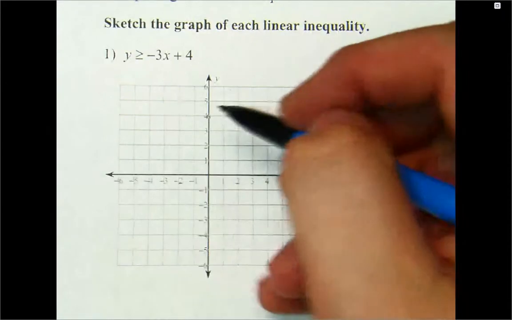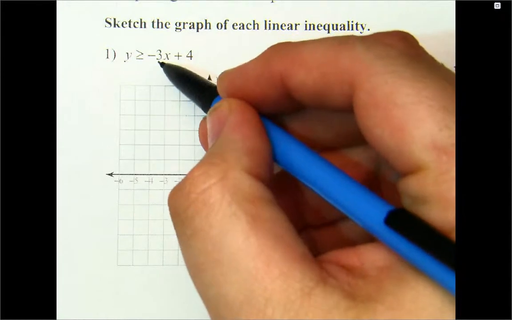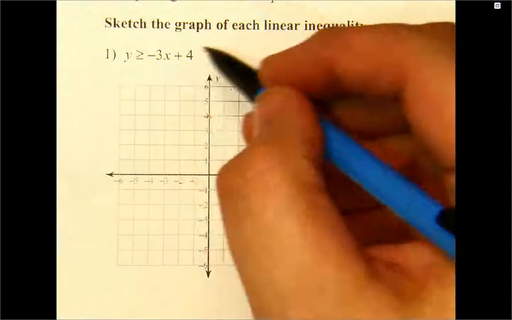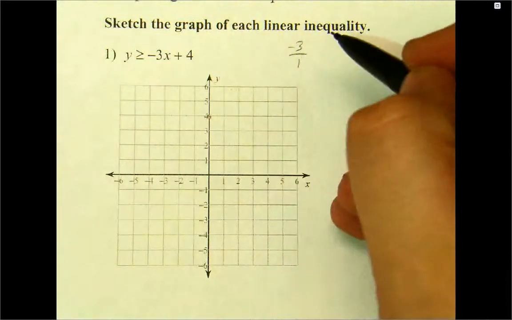Okay, we start at 4. Alright, this is negative 3 over 1.